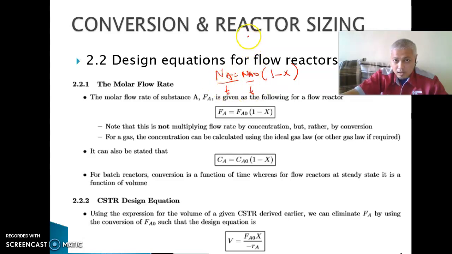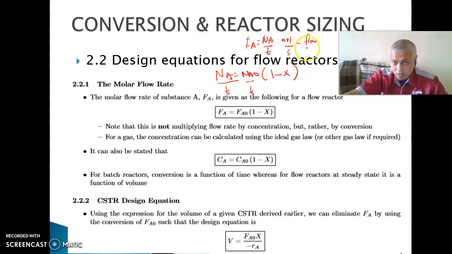That's why we get Fa equals Na over T, so we can replace this term with Fa. T means time. This is mole, so the unit will be mole per second for flow reactor.